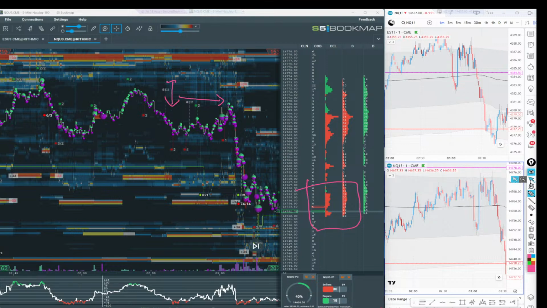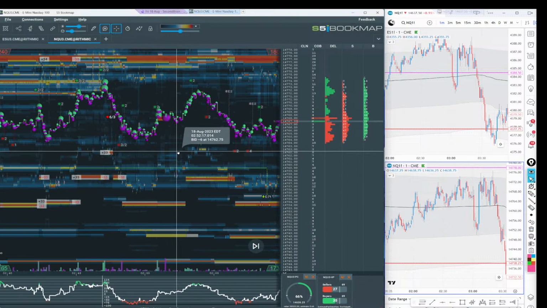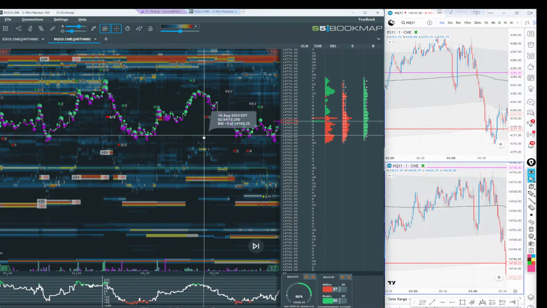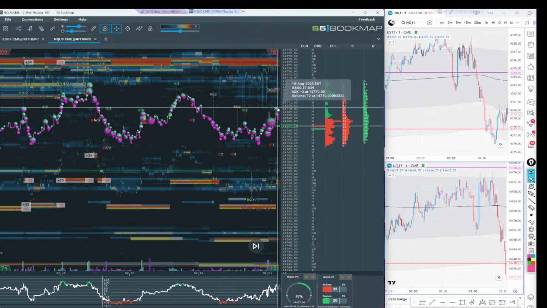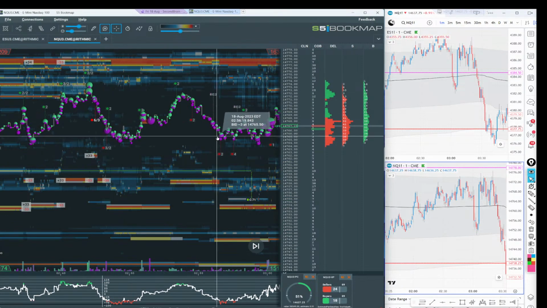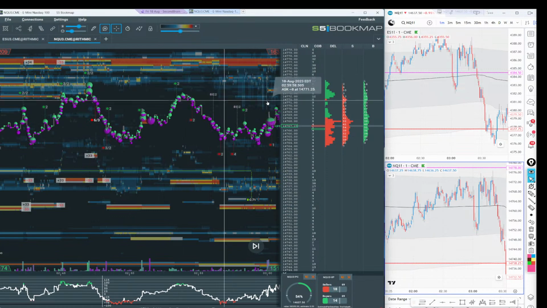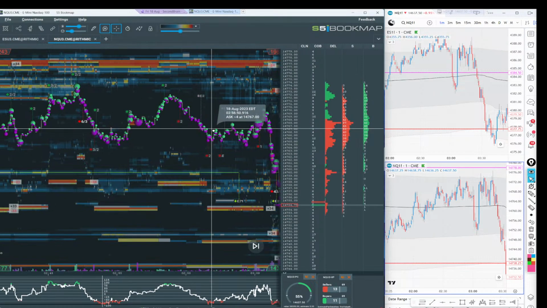If we go back on the cursor and we get rid of all of this, in real time, when that came up, before it came down, I was actually trading this 90 minutes. I traded the first 60 minutes, I think. That would be very, very hard to take. I certainly didn't see it.